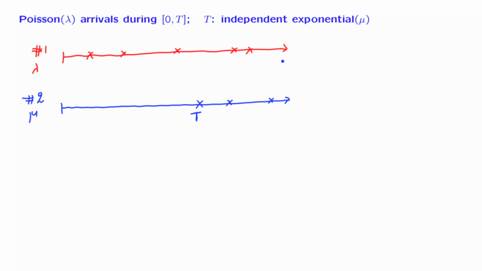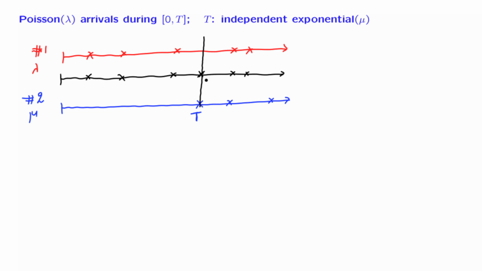Now, let us merge the two processes. We're going to form a merged process that records an arrival at those times at which either of the two processes has an arrival. This is the time of interest, and the random variable that we're interested in is the number of red arrivals until that time. That random variable we call N_T.